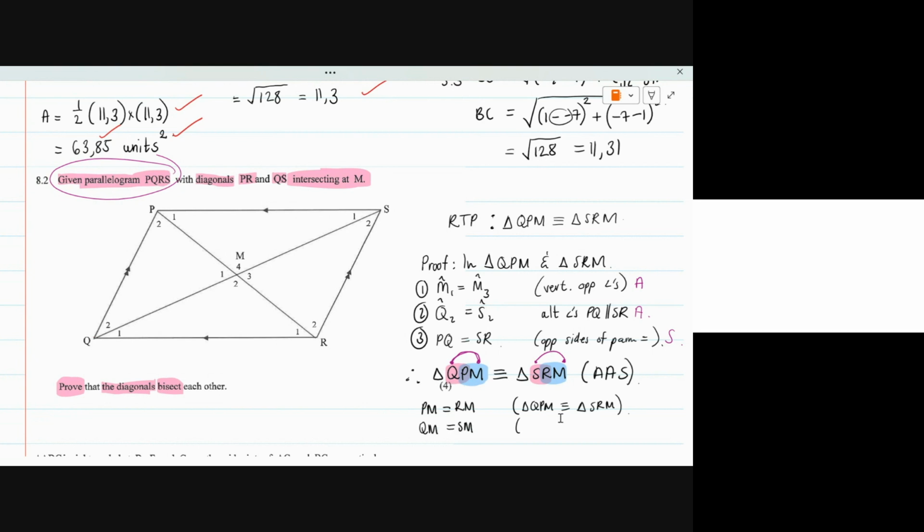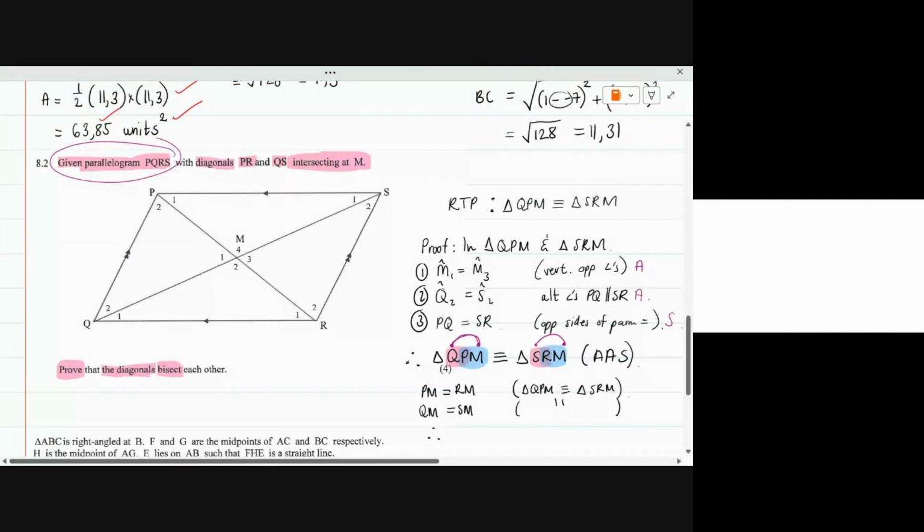And again, for the exact same reason, I'm just not going to write it out again. Right, and if these two things are equal to each other, then we can say, therefore, QS or M bisects QS and PR. And there's your 4 marks.